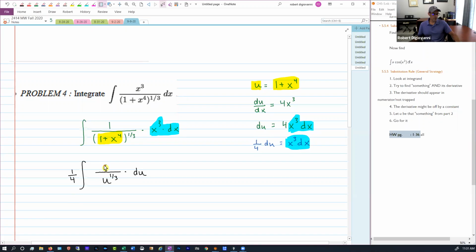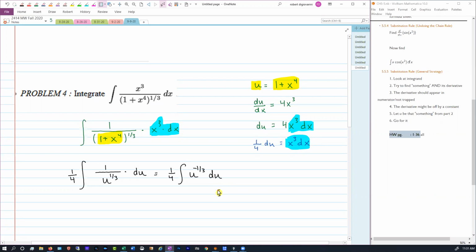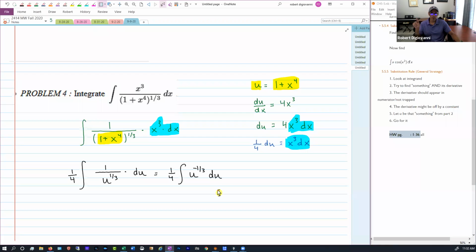Now, 1 over u to the negative 1/3, you could rewrite that and bring that u up to the top as u to the negative 1/3, like that. And then just use the power rule, right? At this point, you could just use the 1 over n plus 1, u to the n plus 1.